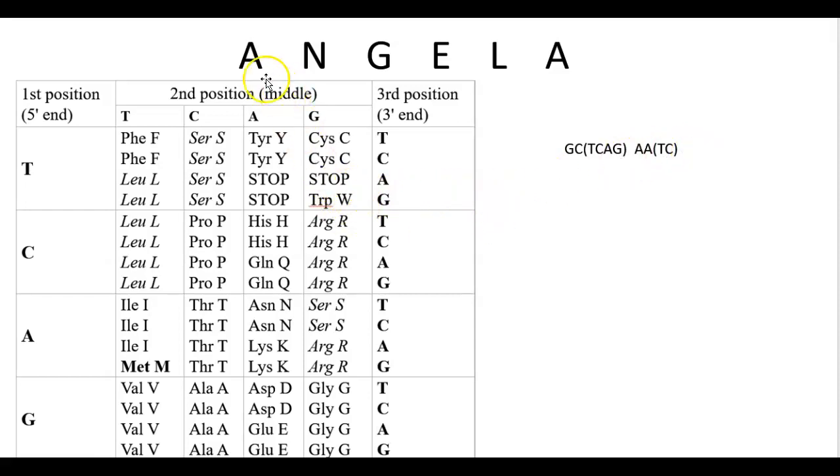Please be aware that we sometimes have the same letters for the amino acid and the bases. This is sometimes a little bit confusing, especially when we have A. It could be alanine in the protein, but adenine in the DNA. If we've got G, this would be glycine in the protein or guanine in the DNA.